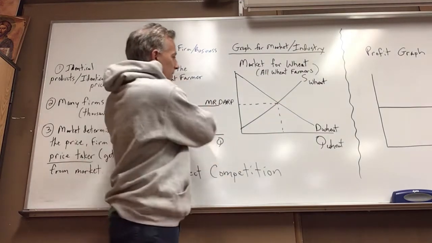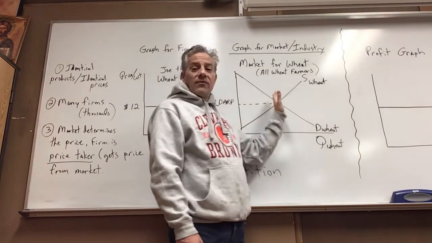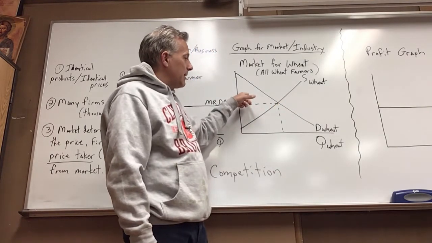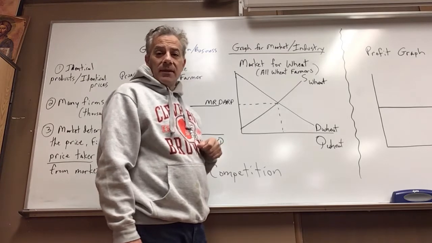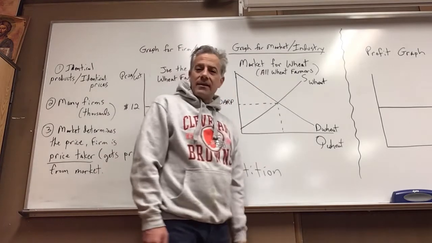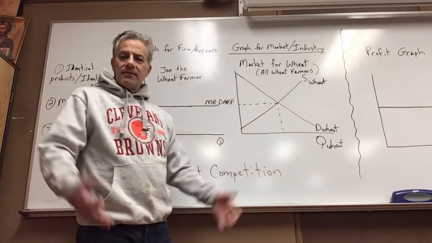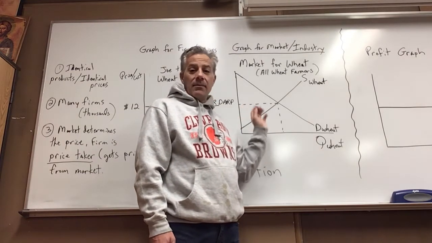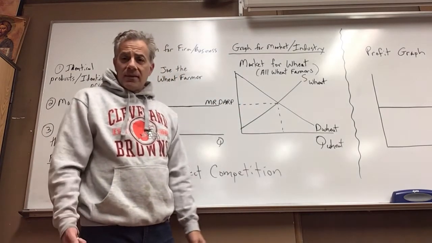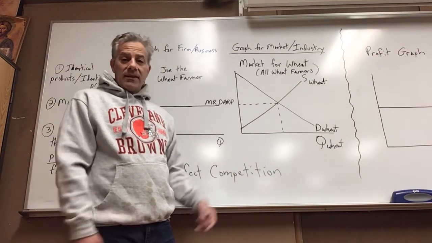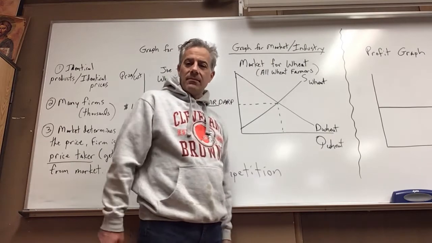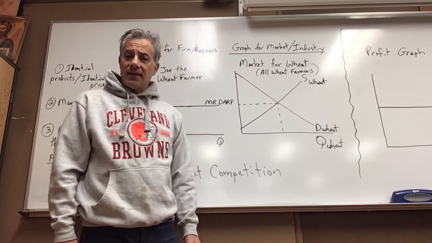If we ignore this over here, it just functions like any other market. Supply and demand, we've got consumer surplus up here, producer surplus up here, and supply and demand shift based on how much people want to have gluten-free diets or how many farmers there are in the market, or is there a decrease in the number of farmers, etc. So this shifts based on market behaviors just like any other.